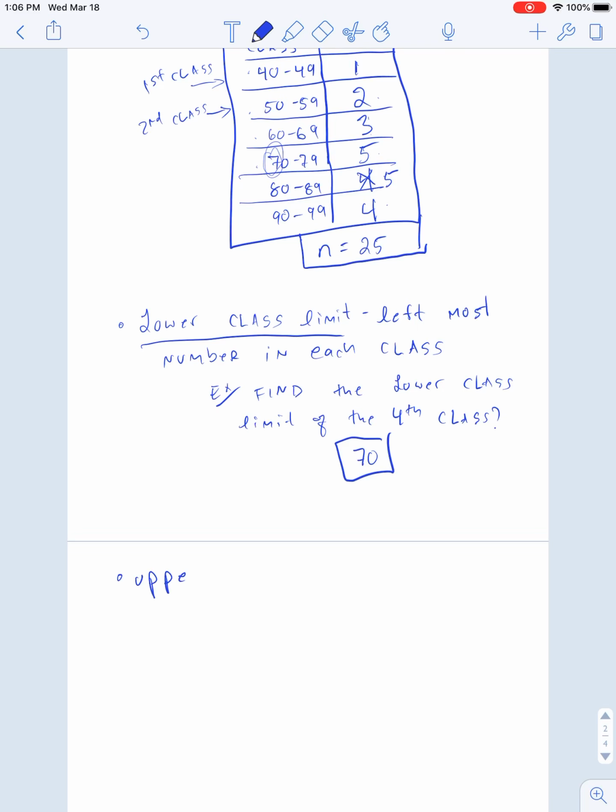Then we have the upper class limit, which is the rightmost number in each class.